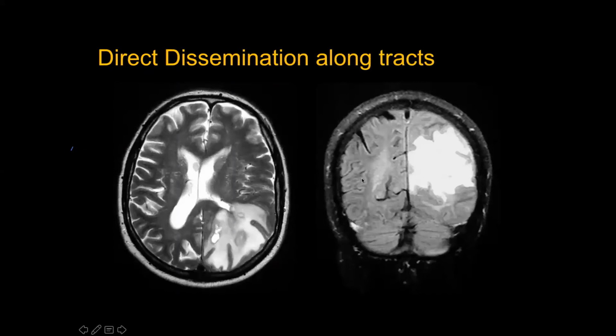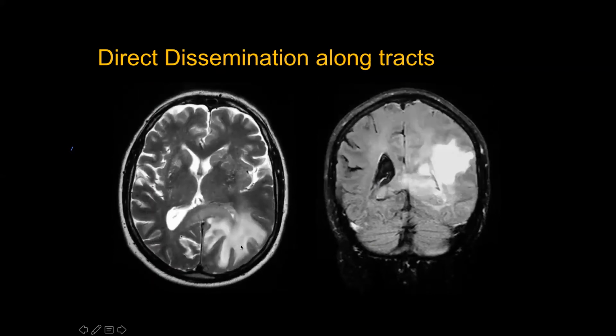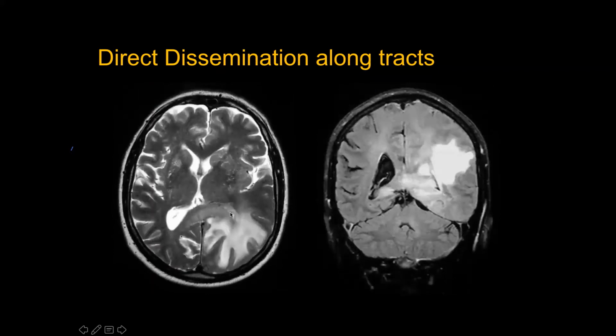Now, one thing about gliomas, they tend to infiltrate along the white matter tracts. You just follow the path. So this particular lesion is in the parietal occipital region, towards the back of the temporal lobe. If you follow the next slides down, you find the tumor actually is infiltrating the white matter, going across the corpus callosum to the opposite side.